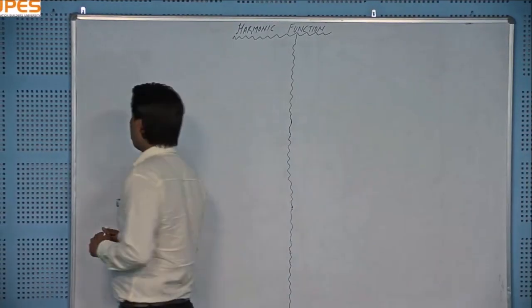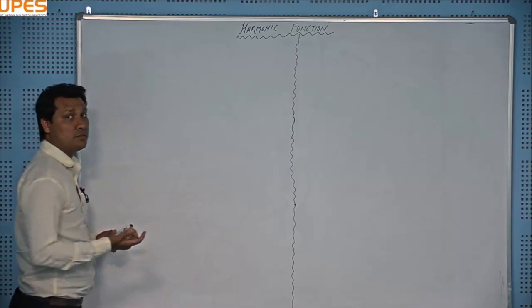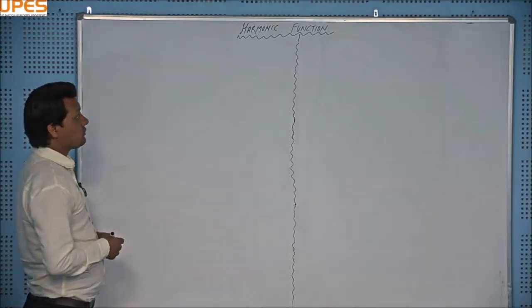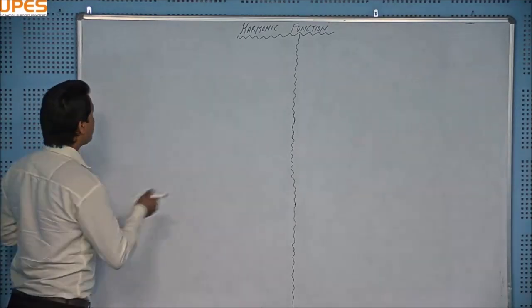To define a harmonic function, we need a function of two variables. Suppose phi is a function of two variables x and y.